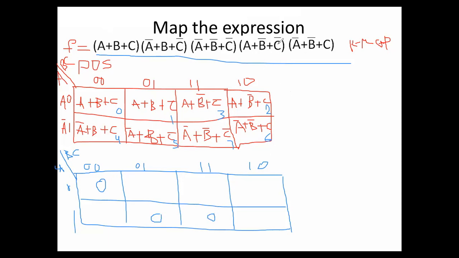Next, A plus B bar plus C bar is 0 1 1, that is 3. Here also we put 0. Do you understand?